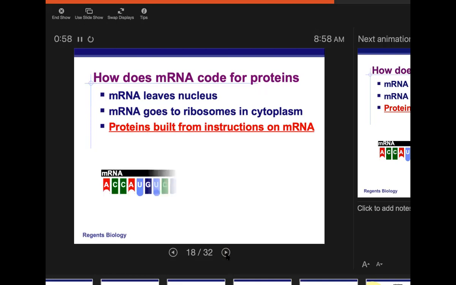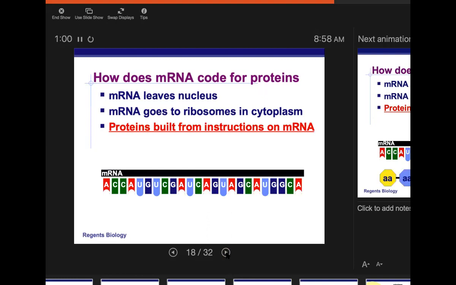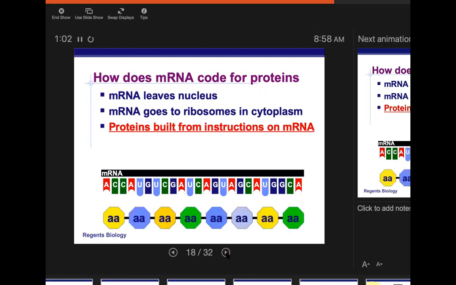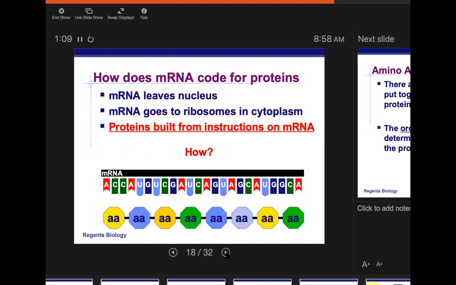So we are able to turn the mRNA into a string of amino acids, but we need to know how. We always want to be able to explain these processes. So how do we turn this single strand of mRNA into a string of amino acids that form a protein?